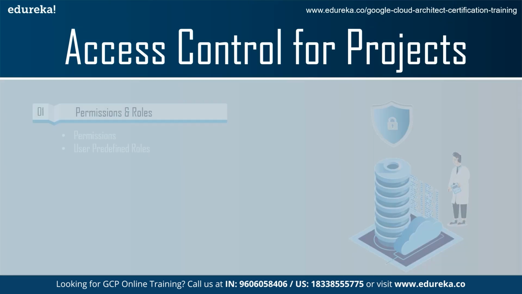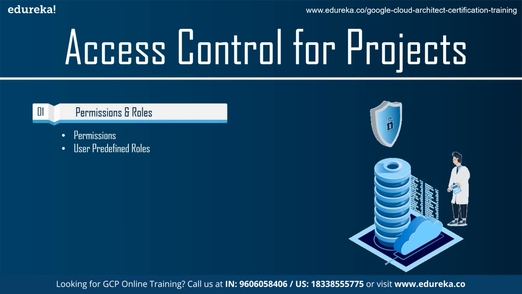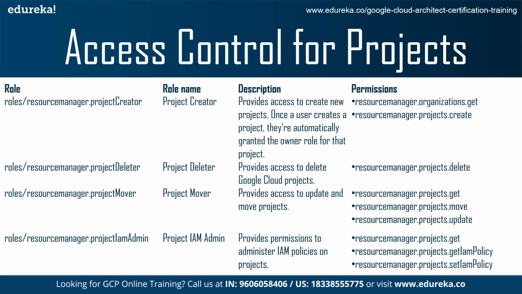Then there are predefined roles as well. IAM predefined roles allow you to carefully manage the set of permissions that your users have access to. The following table lists the predefined roles that you can use to grant access to a project. Each role includes a description of what the role does and the permissions included in that role. So you can see the role and the name for it, and also the description.